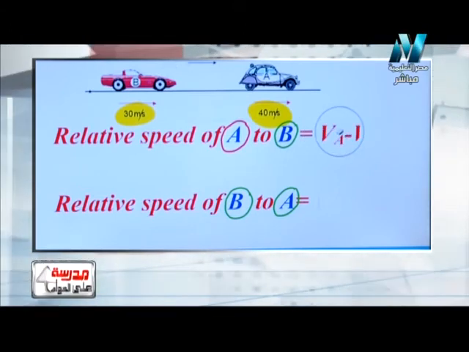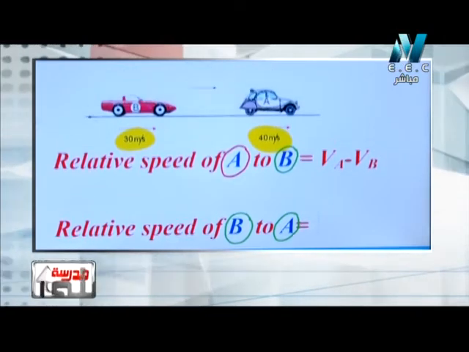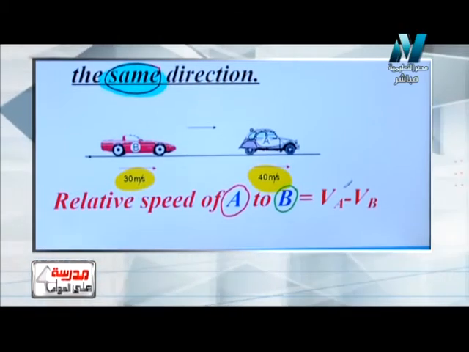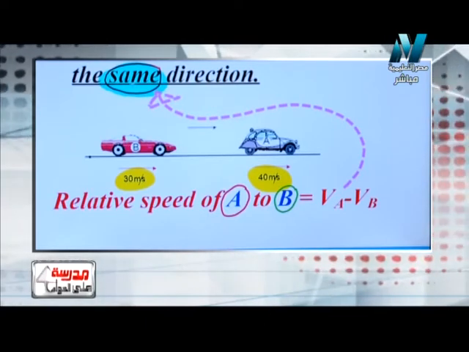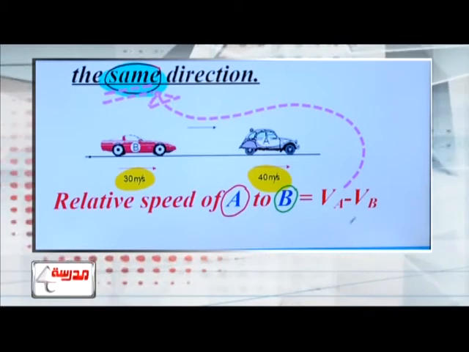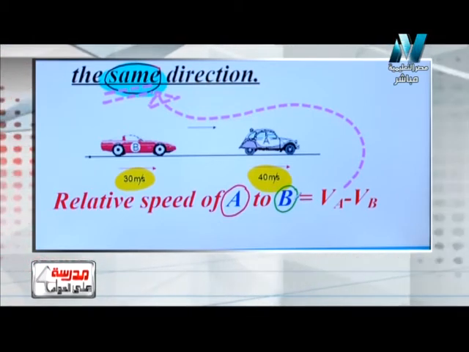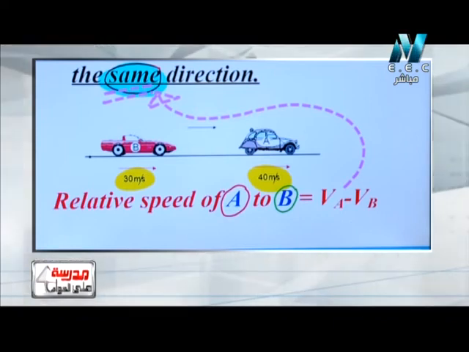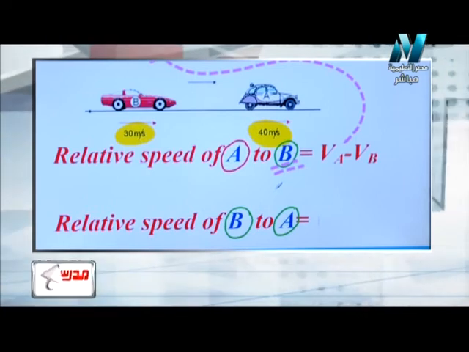يبقى VA minus VB. Why minus? Subtraction. Why? As we see here, because they move in the same direction. شايفين انا بتكلم على ايه؟ The same direction. يبقى VA minus VB. اوكي؟ طيب هعرف منين احط VA minus VB ولا VB minus VA؟ لما يقول لي me to observer, هنا car B is the observer, is the other object.